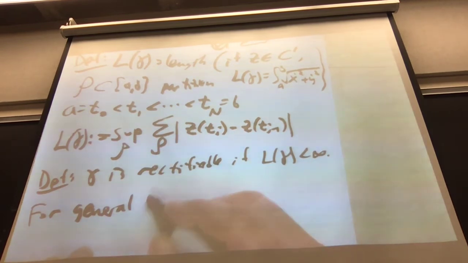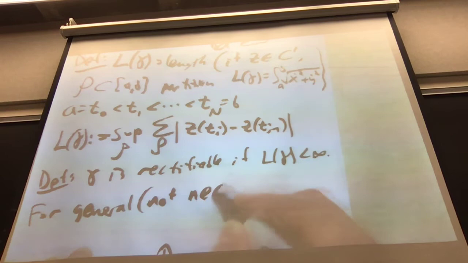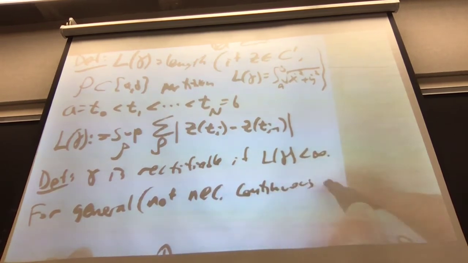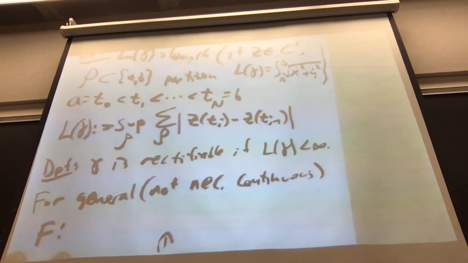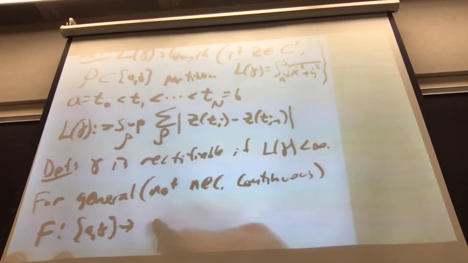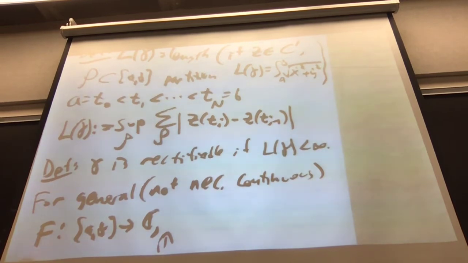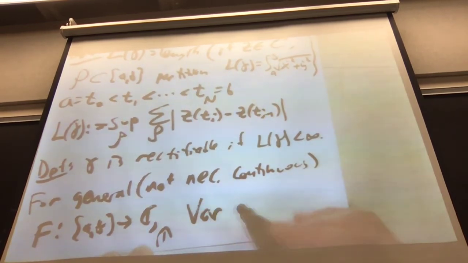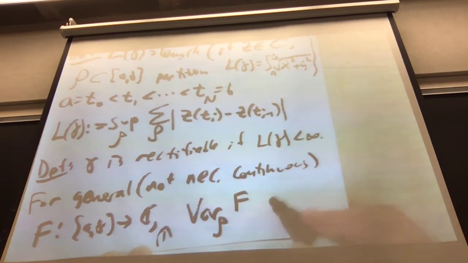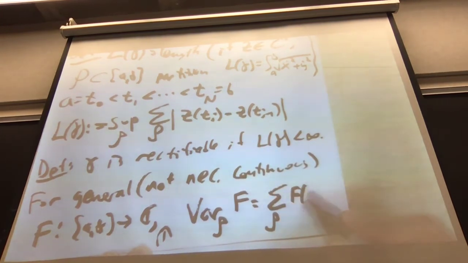For a general, not necessarily continuous f, again, let's say from [a, b] to C, we'll say its variation of f relative to a partition of [a, b] is exactly this thing. It's a sum over the partition of the absolute value of f at tj minus f at tj minus 1.